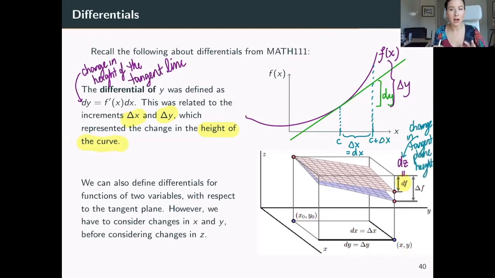We can also talk about changes in the tangent plane with respect to our independent variables of x and y, these being dy equal to delta y and dx equal to delta x. We'll define these more rigorously on the next slide.